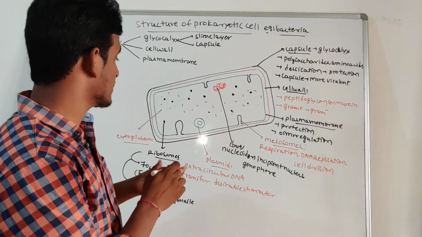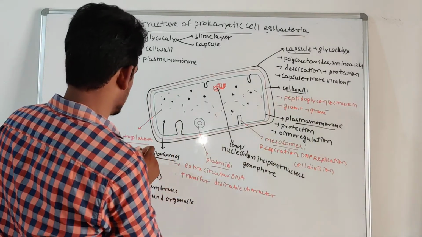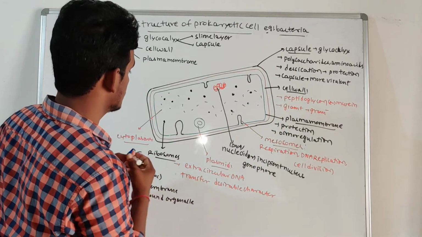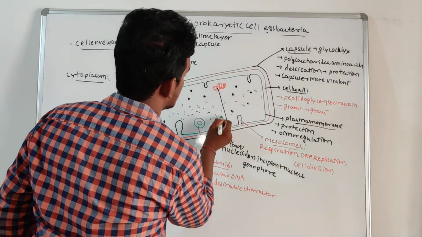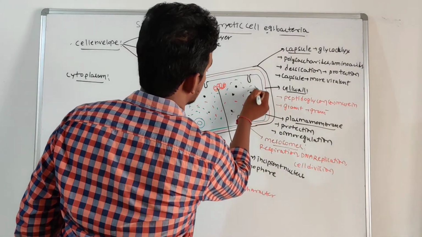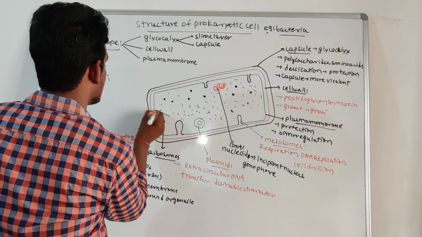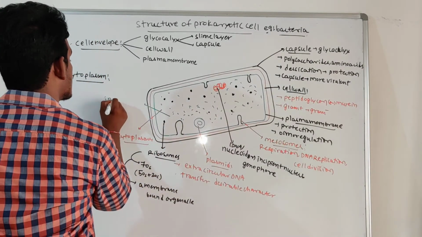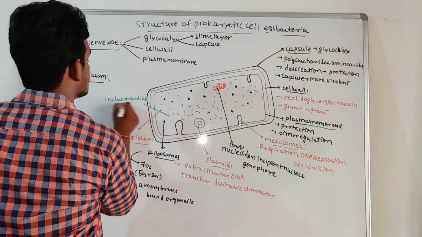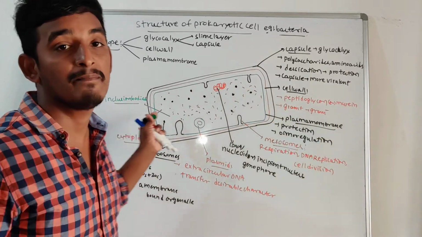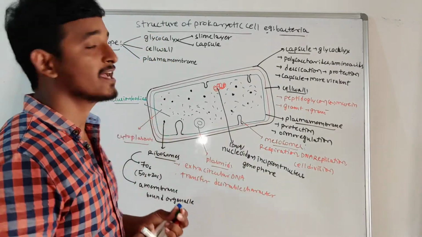Reserved material is present in the form of inclusion bodies. So here it has some reserved material, right? These inclusion bodies are not surrounded by any membrane. They are freely distributed in the cytoplasm.